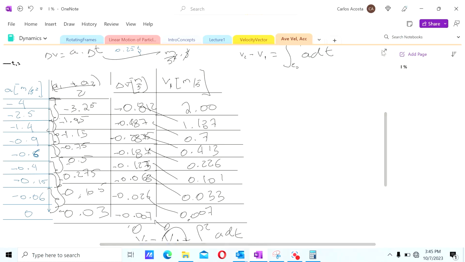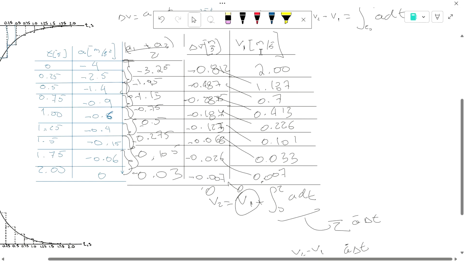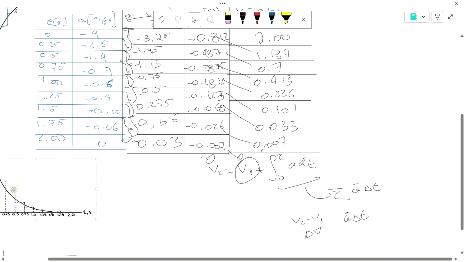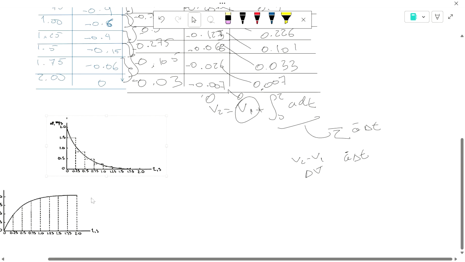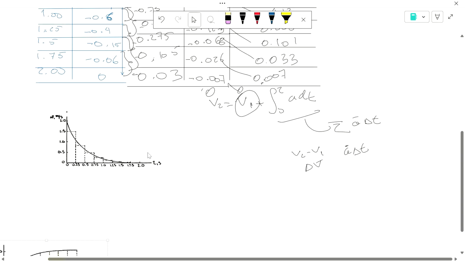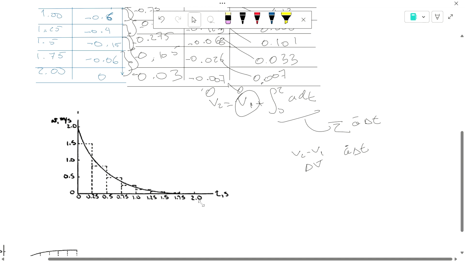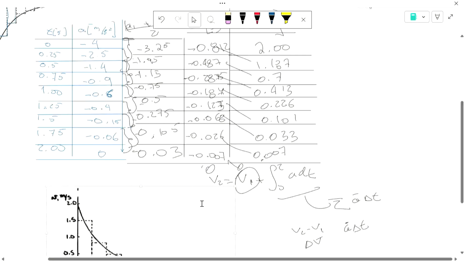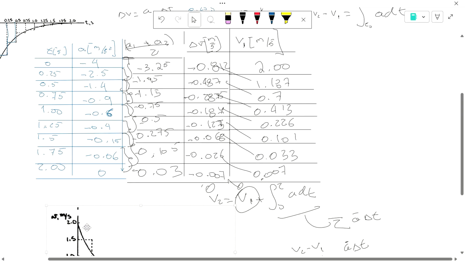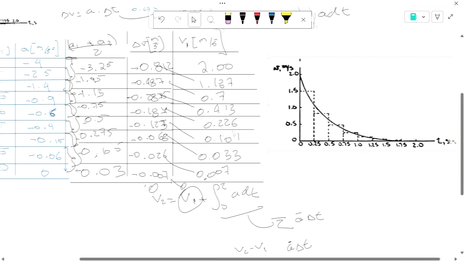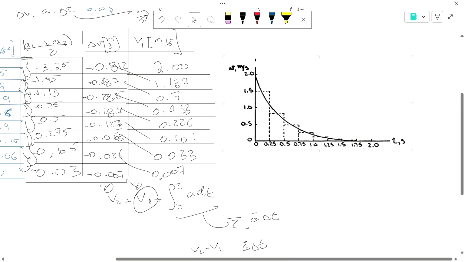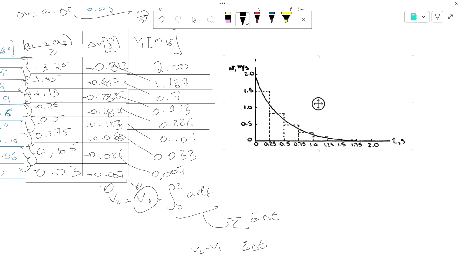All right, so let's look at this. Now, this velocity is actually the one that we are going to plot. So just to be able to see it better, I'm going to use this plot here. All right, so if you notice, at 0, we have to be 0, right?